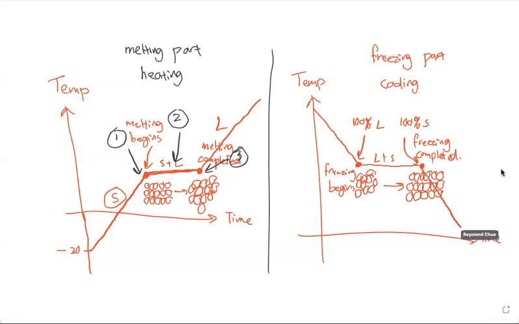When all the liquid has been frozen into solid, the temperature will go down, down, down until the end. So that's why the temperature, whether it's freezing or melting, is the same temperature, but what happens in between is different. That is the difference between melting and freezing.